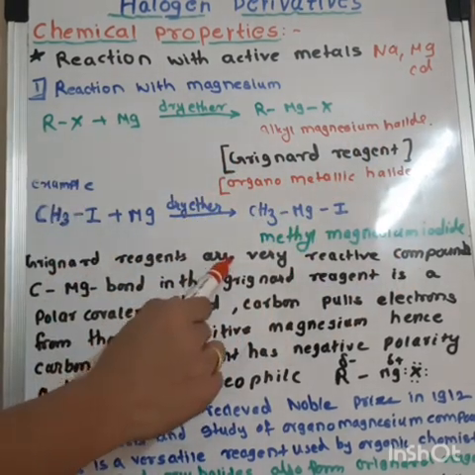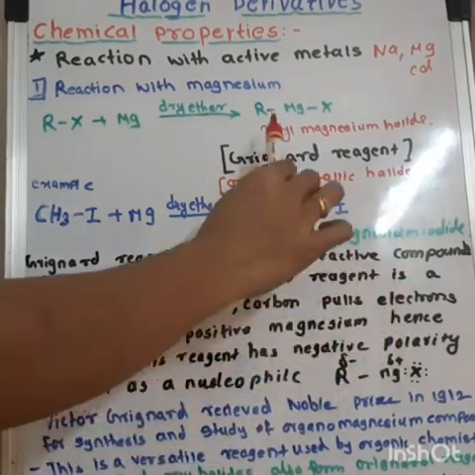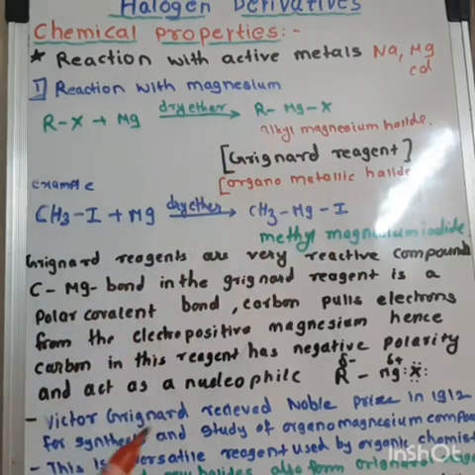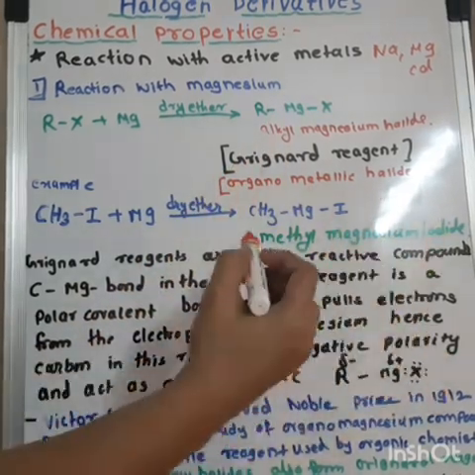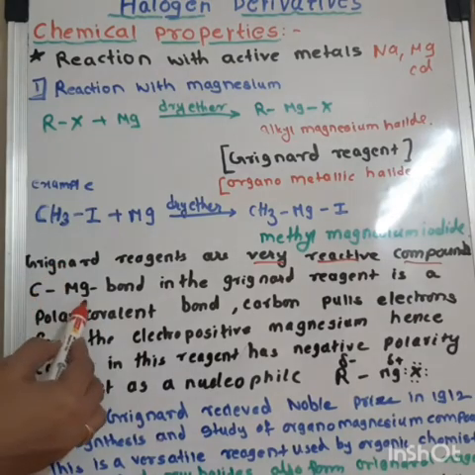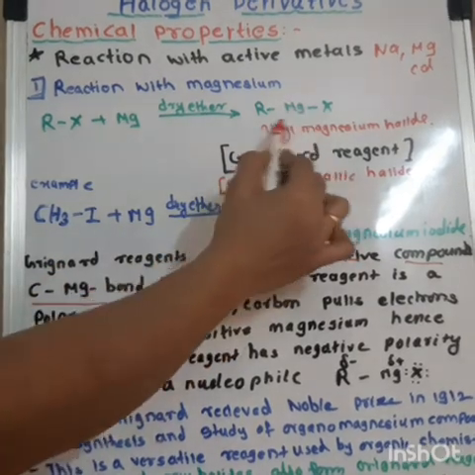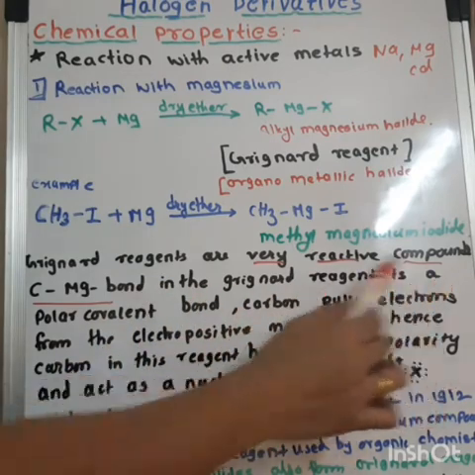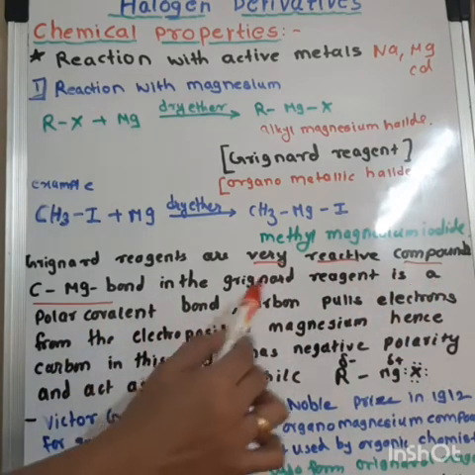So what is Grignard reagent? Grignard reagents are very reactive compounds. This type of reagents, that is alkyl magnesium halides, are very reactive compounds. In this compound, the carbon magnesium bond is a polar covalent bond.